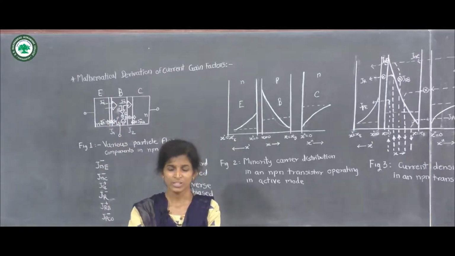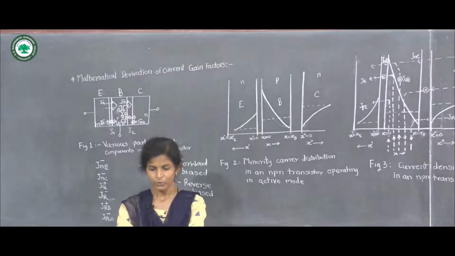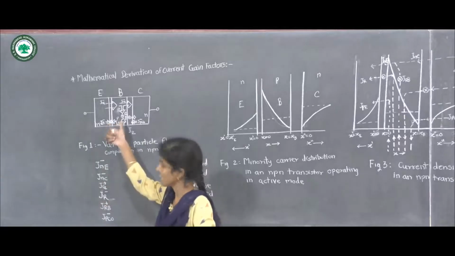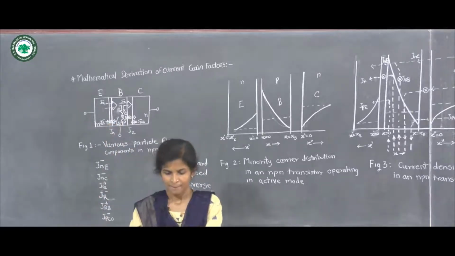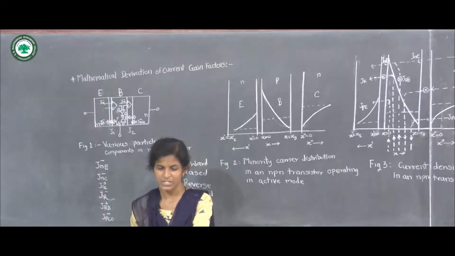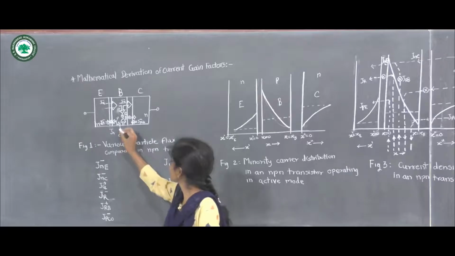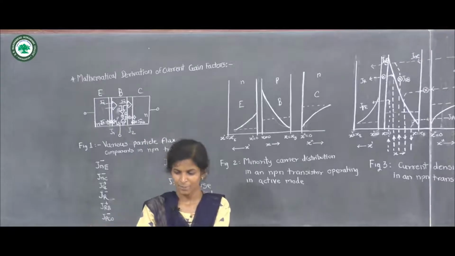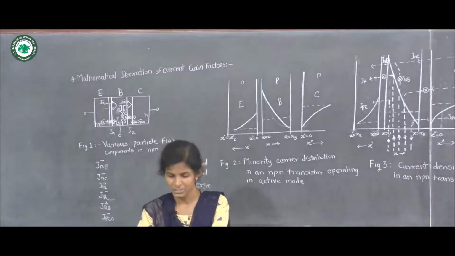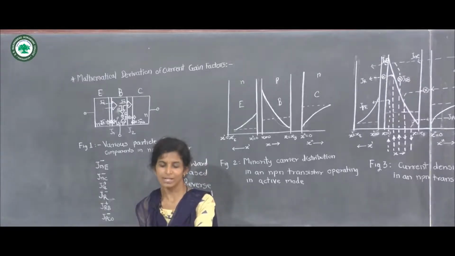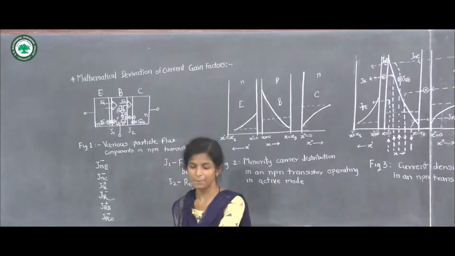As the electrons diffuse across the base, a few of the electrons will recombine with the majority carriers in the base, and the majority carrier holes that are lost by recombination must be replenished from the base terminal, which is given by this JRB plus. This particle flux JRB plus is nothing but the number of holes which can be replenished by the base terminal. So this replacement hole flux is denoted by JRB plus.